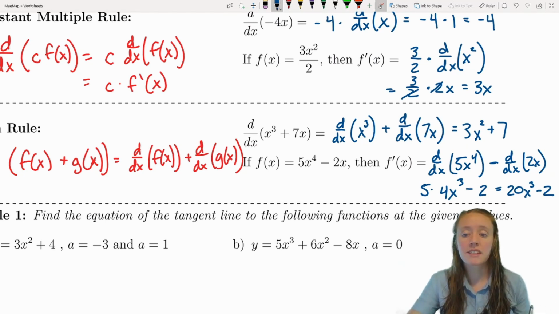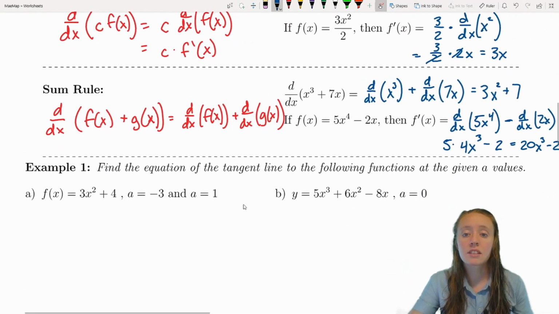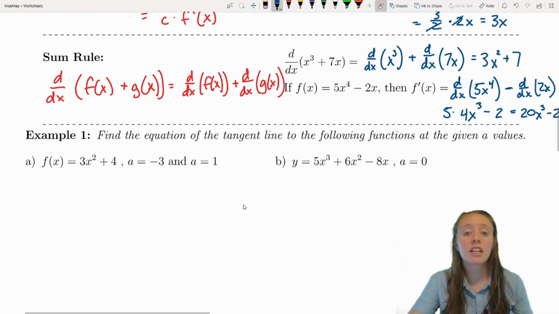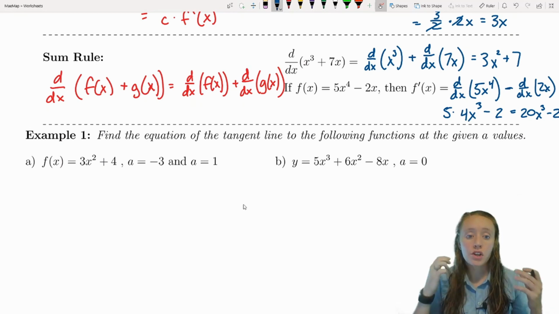Now let's apply this in example 1. In example 1, it says, find the equation of the tangent line to the following functions at the given values a. So remember, the tangent line, that slope is equal to the derivative.